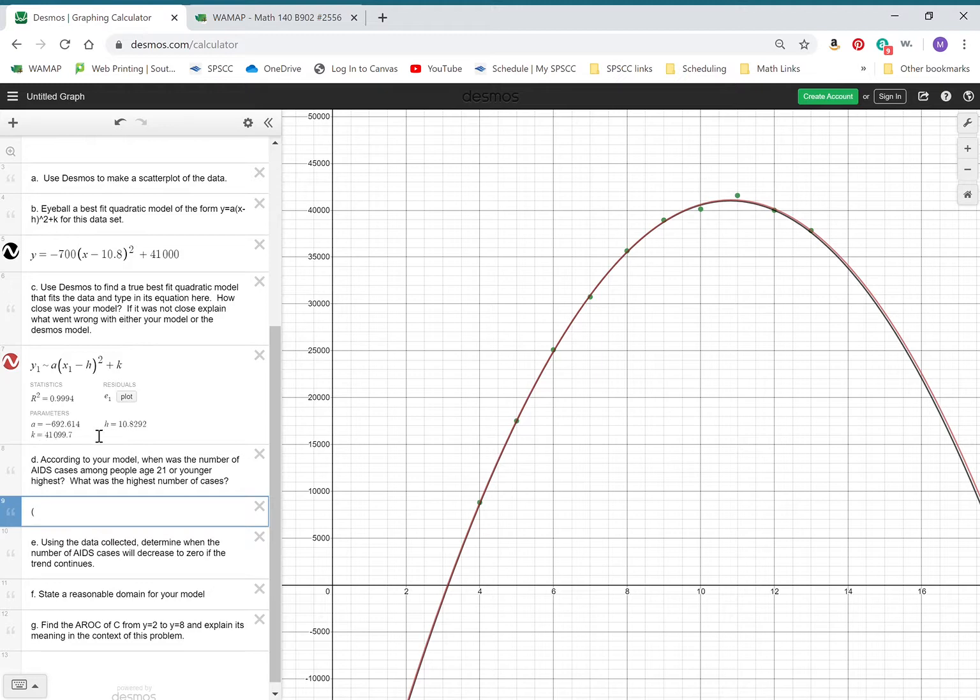I've got A equals negative 692.6, H equals 10.83-ish, and K equals 41,099.7. So the H is going to tell me the x-coordinate of my vertex. The minus sign's already built in up above, so it should be just fine.